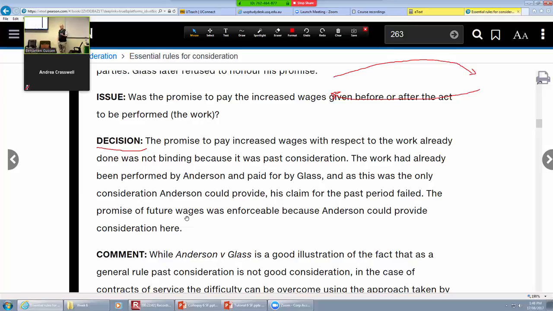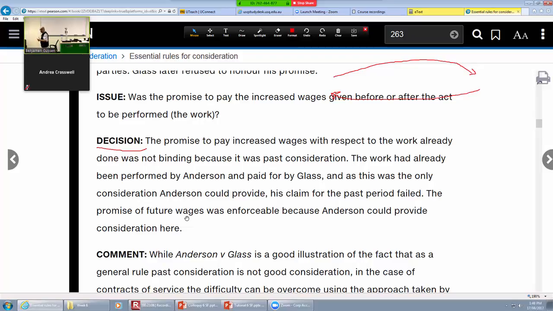Correct. Okay. And why is that? Why do you think we would stipulate for such a rule? Can you see the uncertainty that you can create by an employee who has done something and keeps coming back to you and saying, can you pay me a bit more for what I did yesterday? Can you pay me more for what I did 100 years ago? So you can't do that, right?